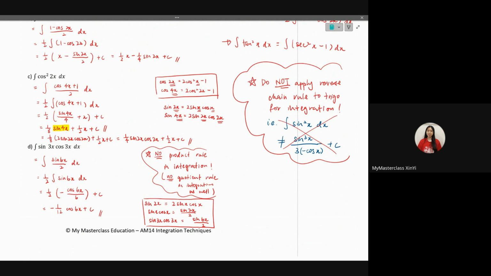So I need to change my tangent square into a function of secant square using the identity. And same thing, there's no product rule, no quotient rule in integration, no matter whether you are integrating polynomials, trigo, exponential, or whatever. Make sure you get individual terms before you integrate. Okay, so that is for integration of trigo.